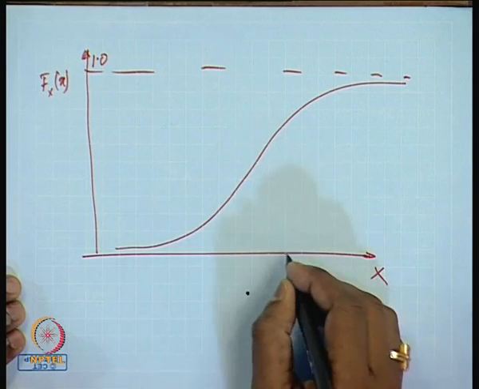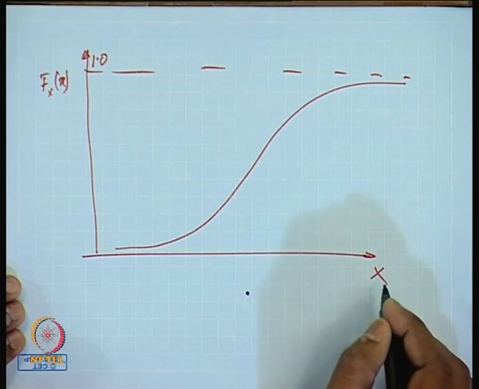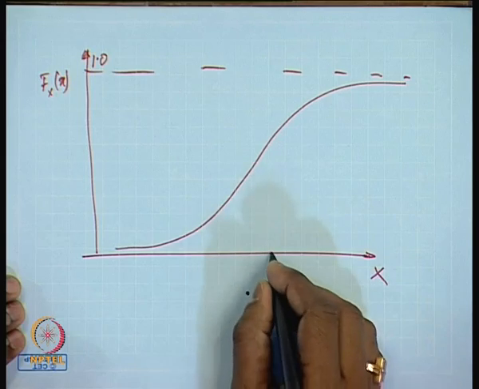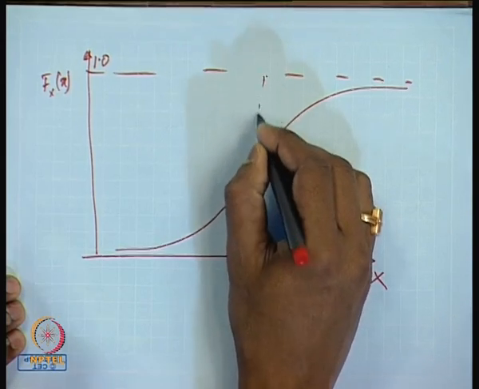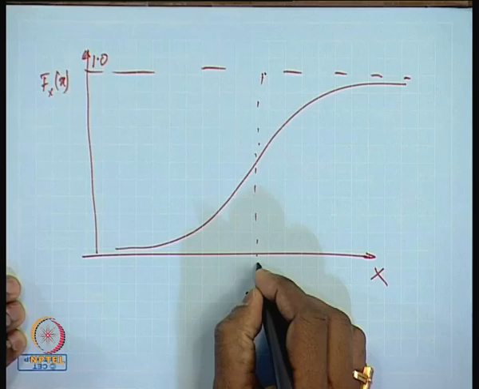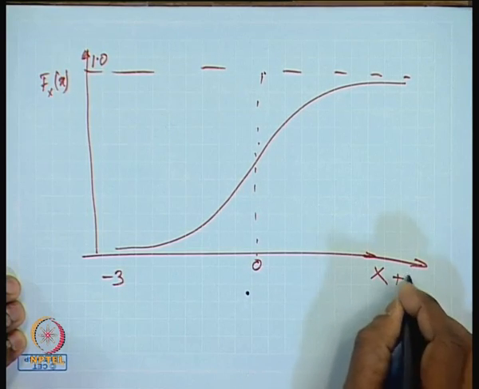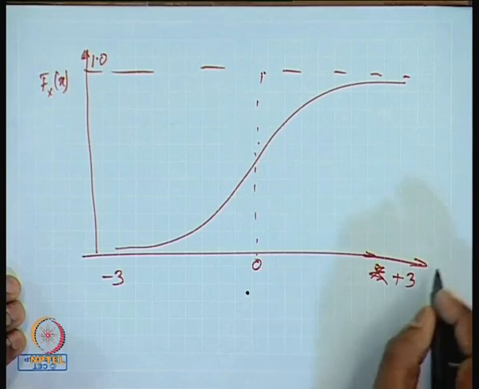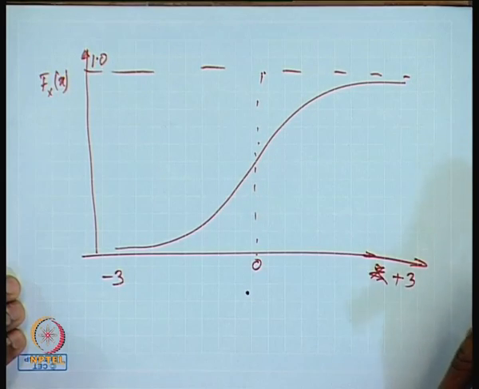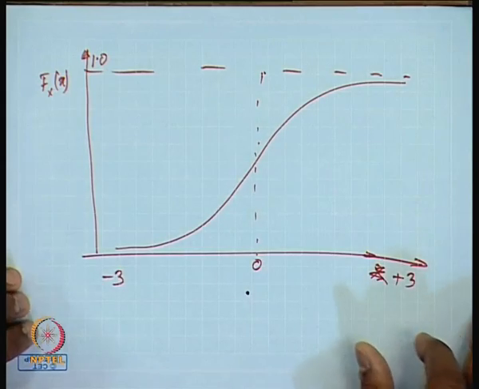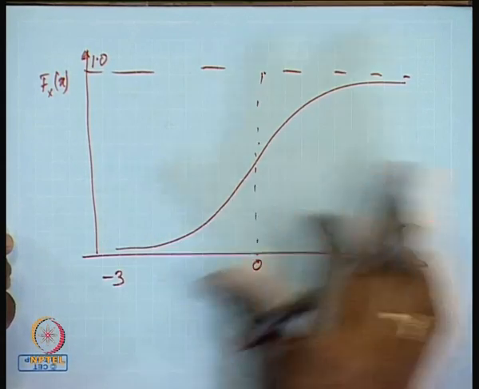Now, for this standard normal distribution, the mean is approximately 0, and this is minus 3 and this is plus 3. Or in some computer applications, sometimes we can even go from minus 5 to plus 5, where almost probability 1 is exhausted.